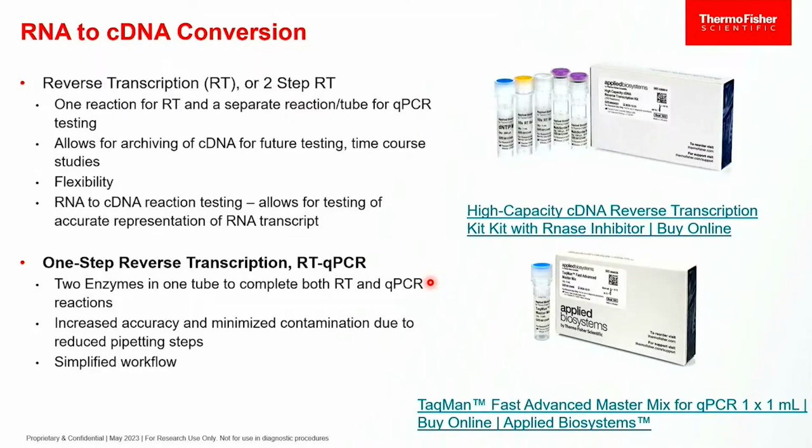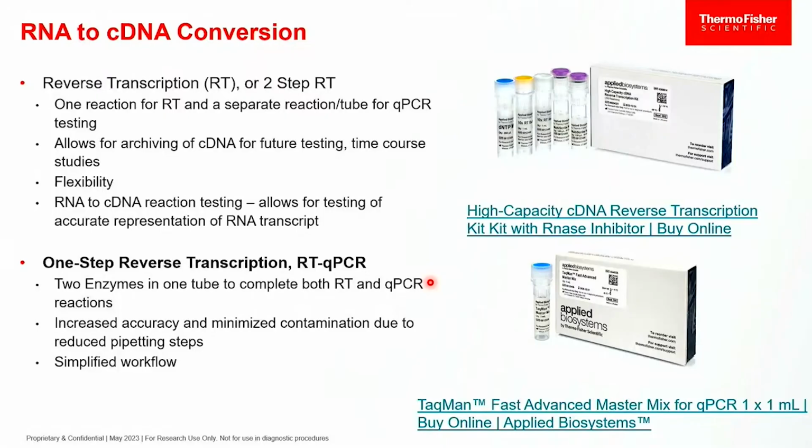Once you're done with that, you can then go forward with your enzyme activation for qPCR, and you move forward with amplification. So we separate the actions by temperature. We have our qPCR enzyme that doesn't start working until we get to 95. So we start the whole thing at 50 and do RT, and then go on and do qPCR. Make sense? Yeah, in one step, you do them both end to end.